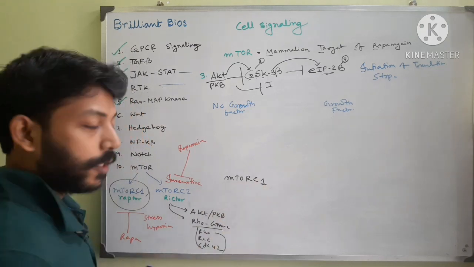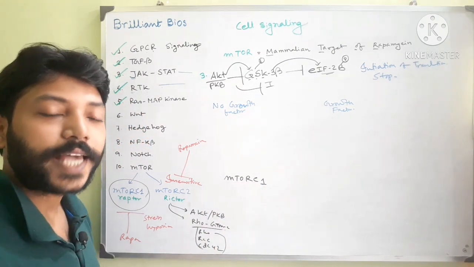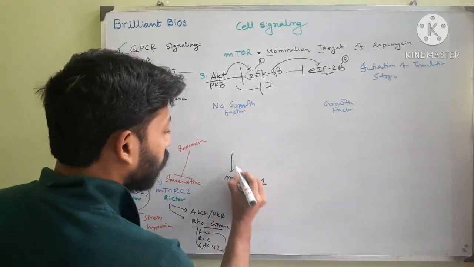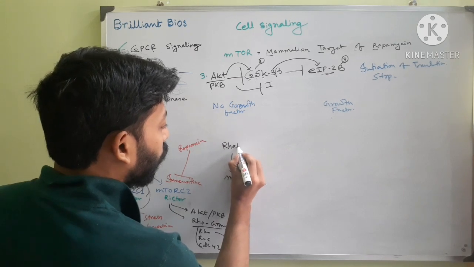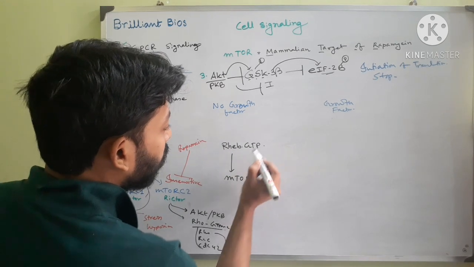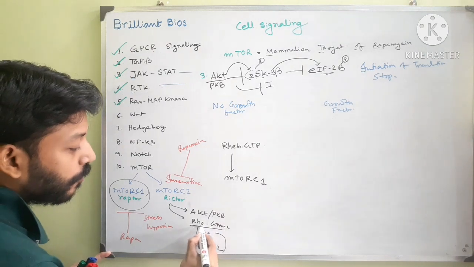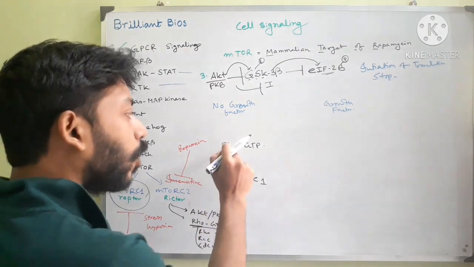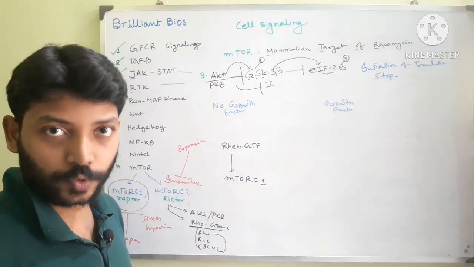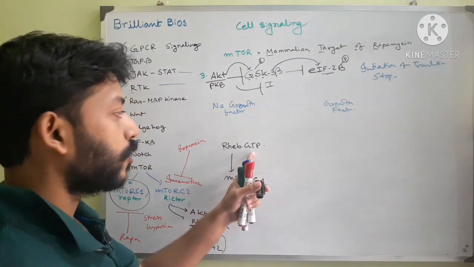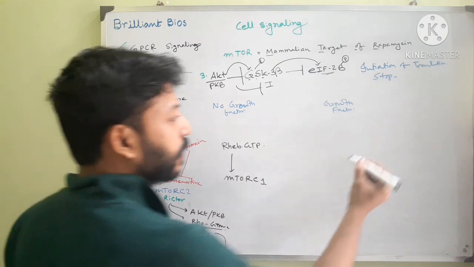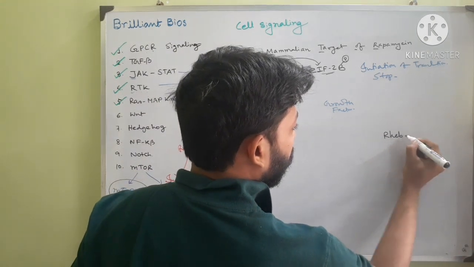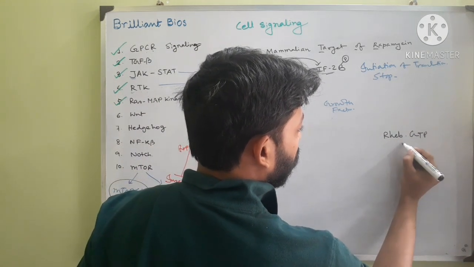This mTOR C1 protein becomes activated by another protein called RHEB, RHEB GTP. This RHEB is also a RAS family member, like Rho is a RAS family member. It looks like a G protein because it associates with GTP. And I have mentioned that RHEB, when it is associated with GTP, it is on.